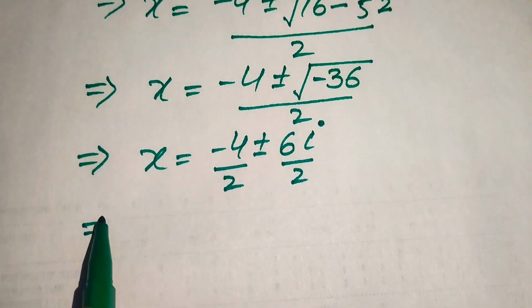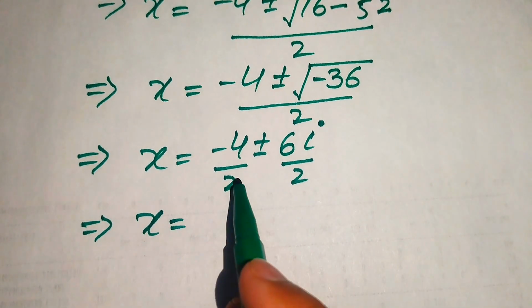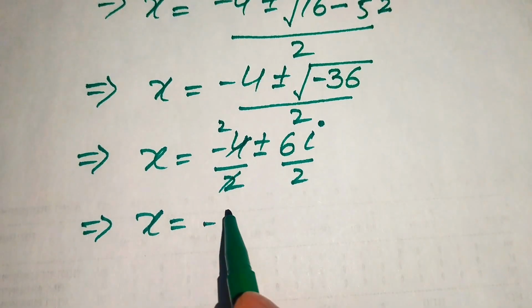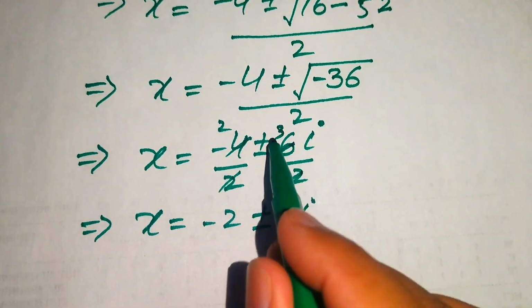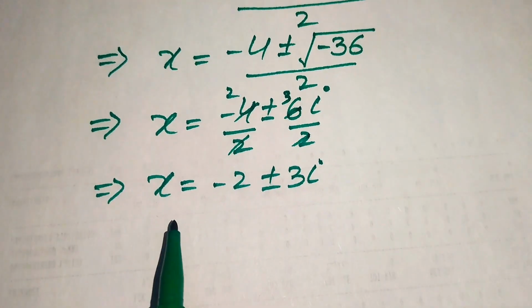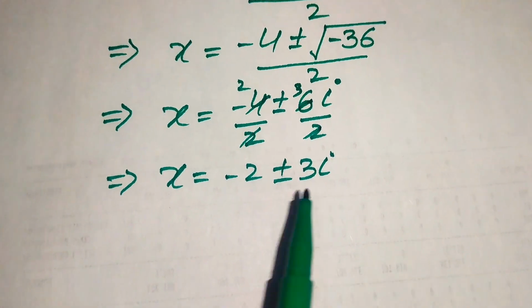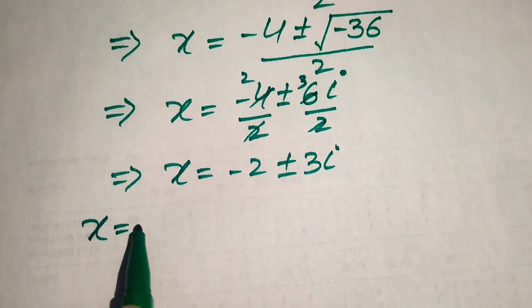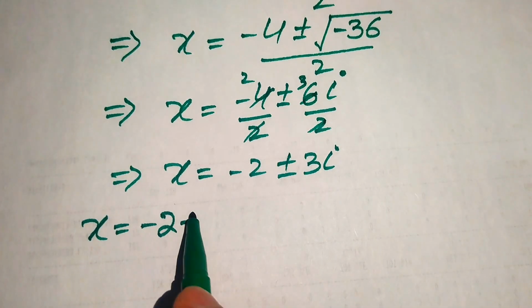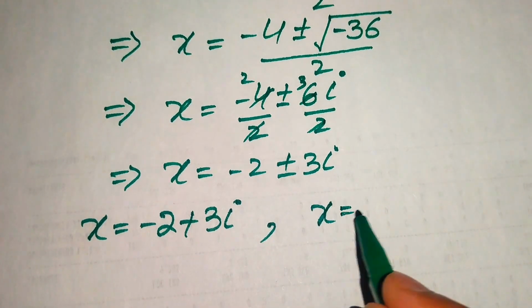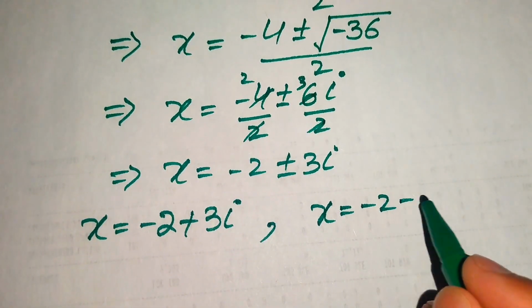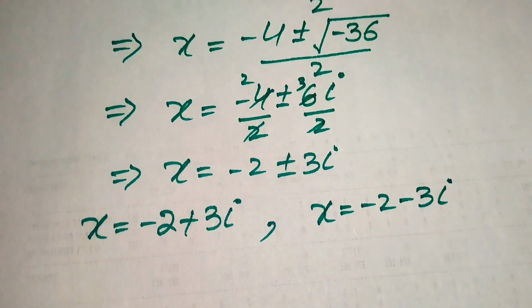So we get x equals minus 2 plus minus 3 iota, this is 2 times 2 is 4, and 2 times 3 becomes 6. So we have two values of x, and that is minus 2 plus minus 3 iota. We can break these two values. Here we write the positive value minus 2 plus 3 iota, and here we write the negative value, it is minus 2 minus 3 iota.